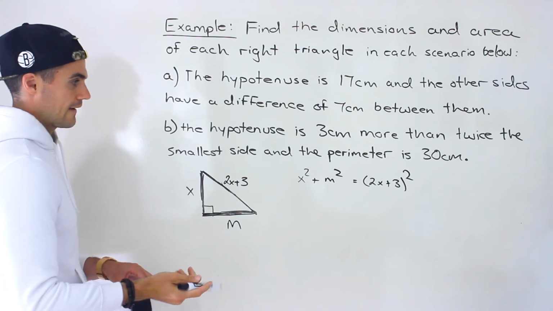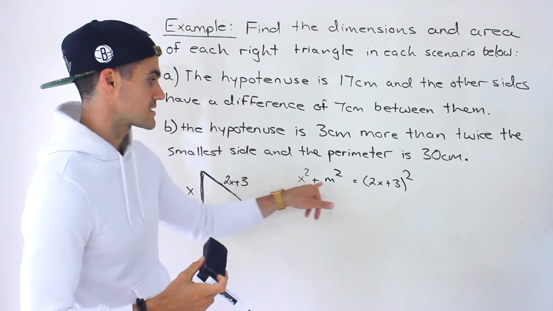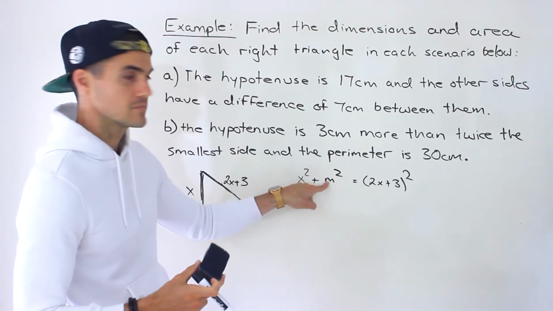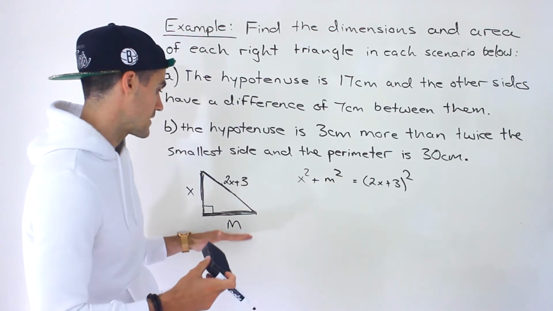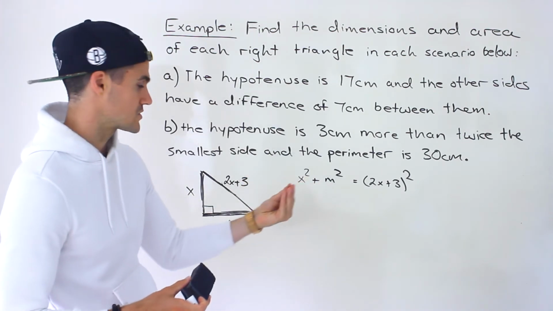Unfortunately, we can't solve this equation because there are two variables, x and m. So if we could rewrite m in terms of x, we could plug that in here, and then we could solve for x.